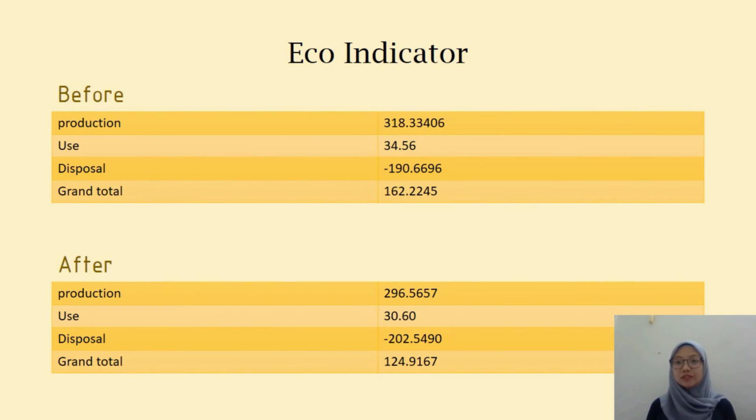Next, the value of disposal before redesign is negative 190.6696, while after redesign, the value is negative 202.5490. The grand total for the iron box before redesign is 162.2245, while after redesign it becomes 124.9167. That's all from me.